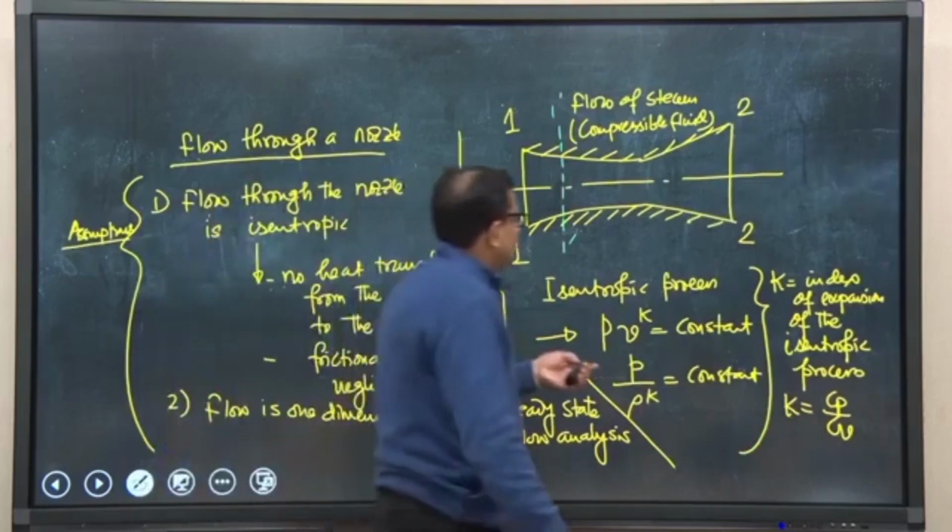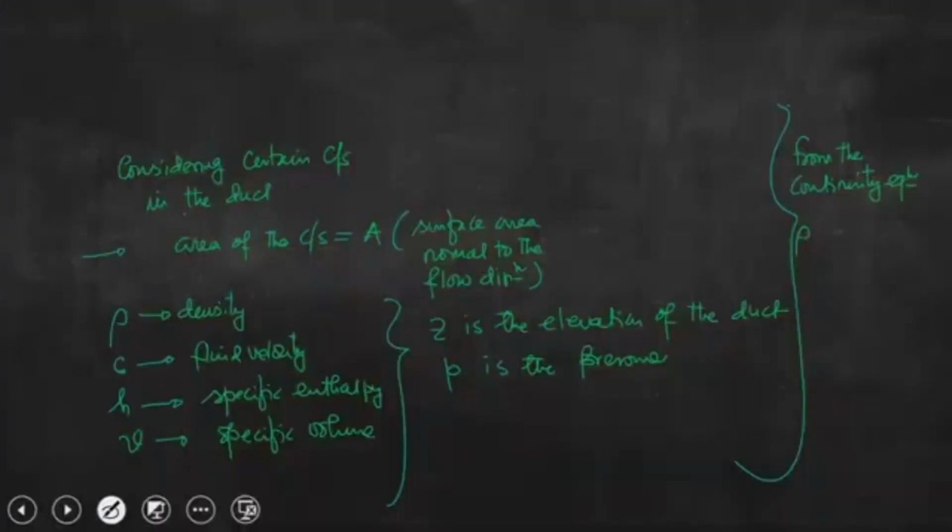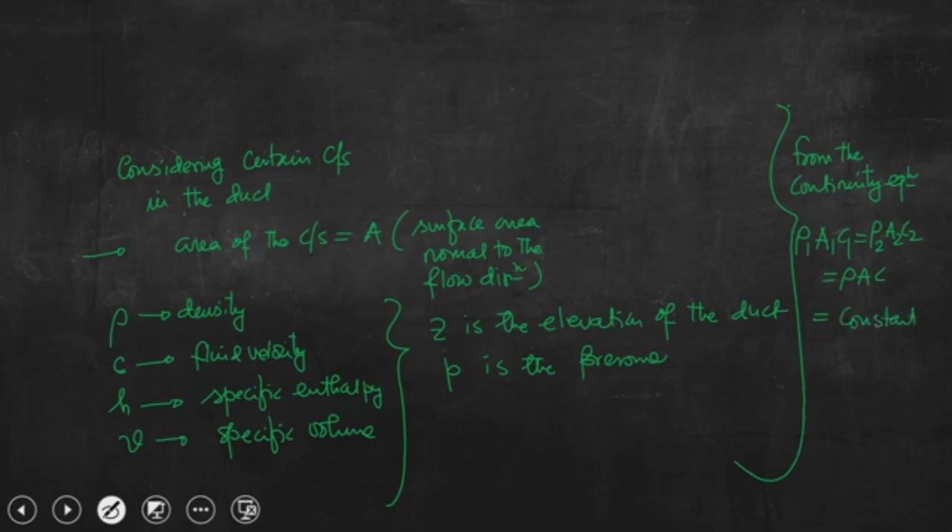So, from this continuity equation we can write rho 1 A 1 C 1 equal to rho 2 A 2 C 2 equal to rho into A into C equal to constant, because the mass flow rate of steam is constant.